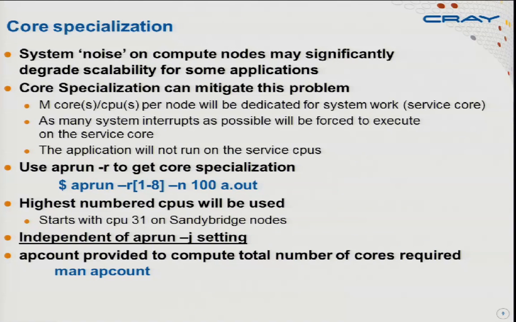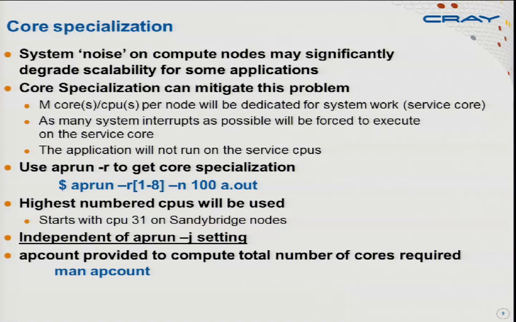Core specialization has been around for a few years now. Basically, the idea is to try and put all of the system noise on a core which has been specialized to only run that. This has become more and more viable as the number of cores on a node has increased. Core specialization was non-existent when you only had 1 core per node, right?